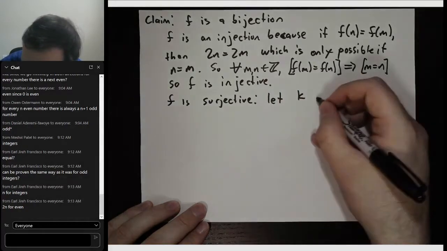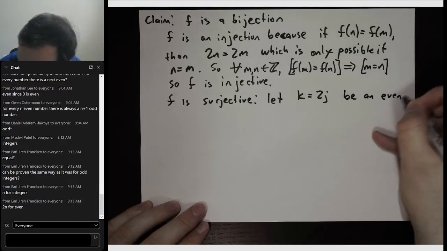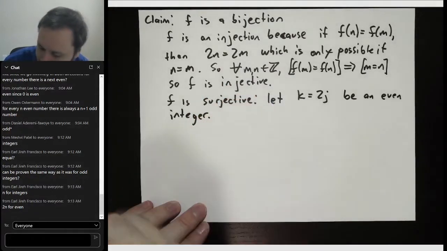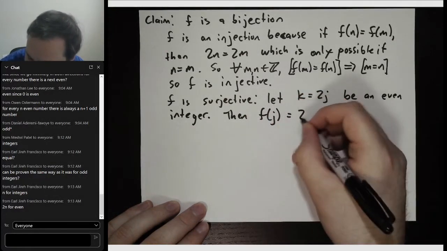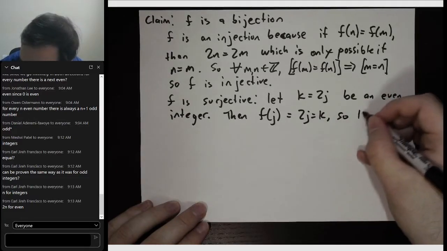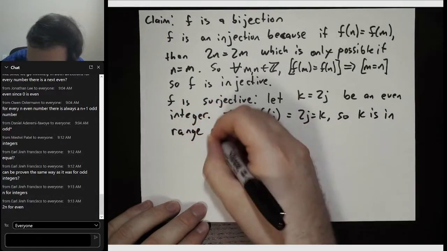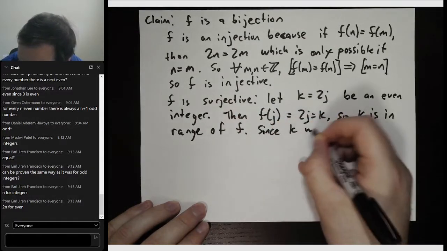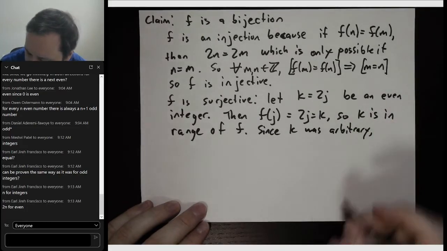Let k, let's say, equal to 2 times j, be an even integer. Then f of j is equal to 2j is equal to k. So k is in the range of f. And since k was arbitrary, that means f is surjective.